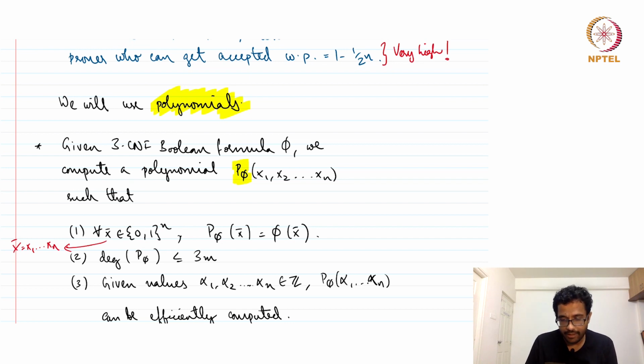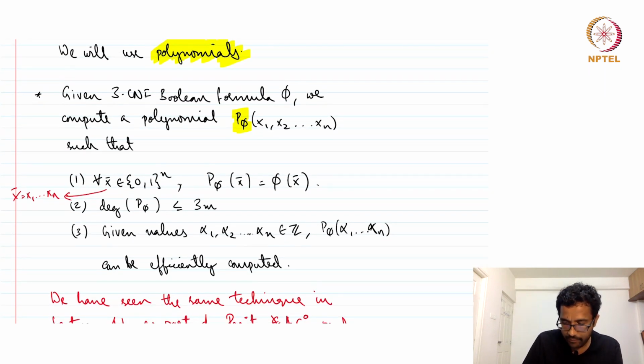So p phi of x bar will be equal to phi of x bar, meaning if x bar is a satisfying assignment, p phi of x bar will be 1, and if not, it will be 0. And the degree of p phi will be at most 3m.